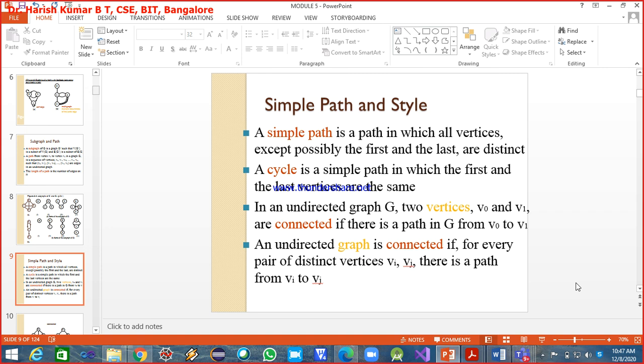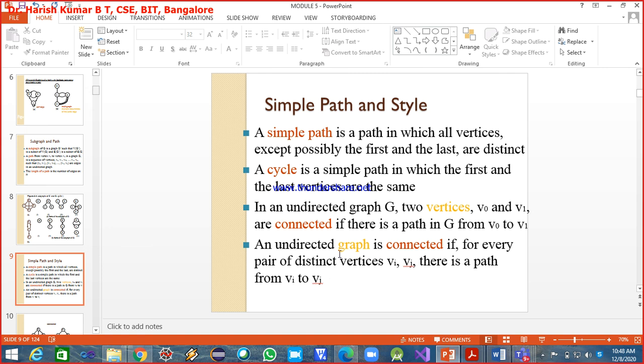Now, an undirected graph is connected if for every pair of distinct vertices, say Vi and Vj, there is a path from Vi to Vj.